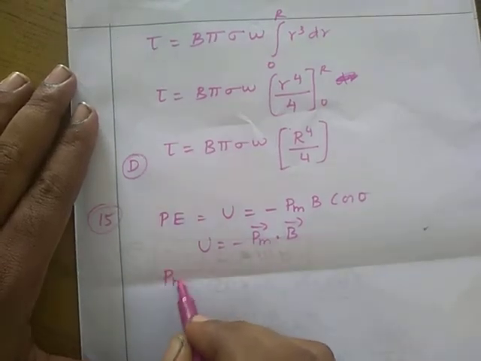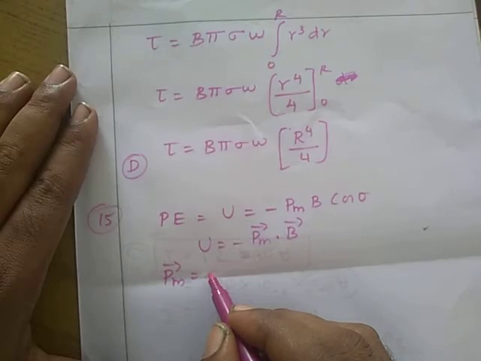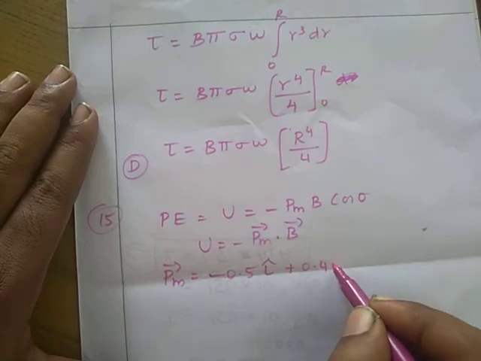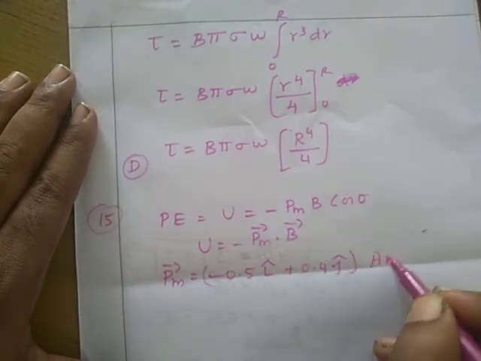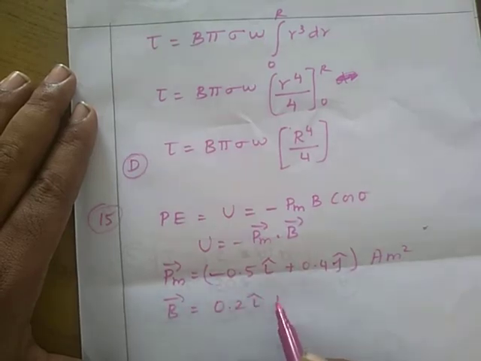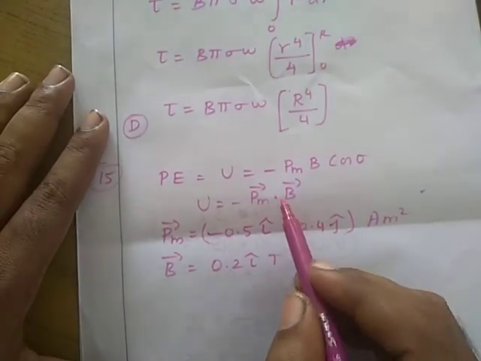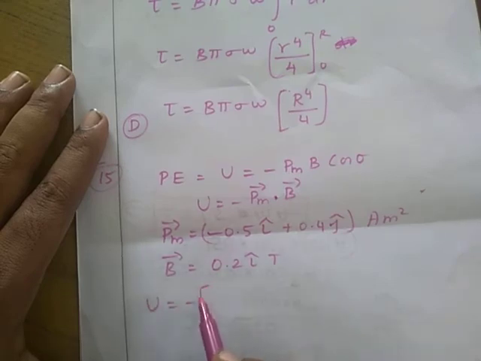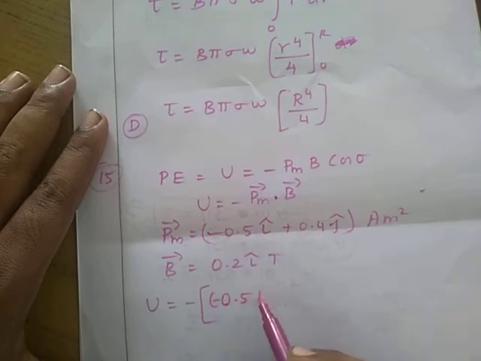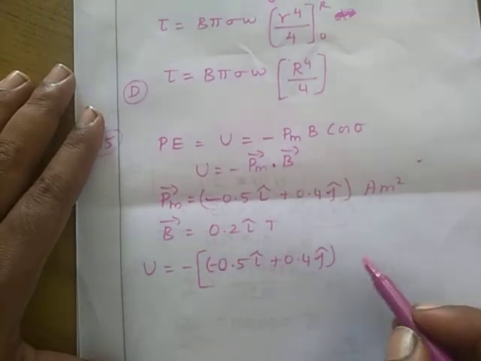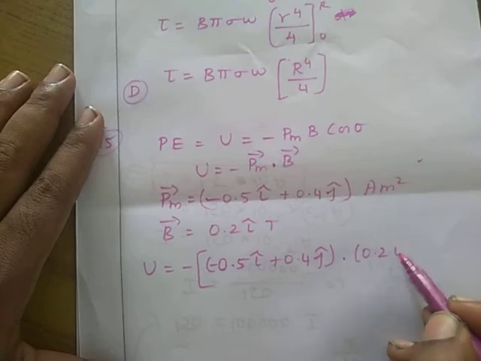We know Pm vector equals minus 0.5 I cap plus 0.4 J cap ampere meter square. Then magnetic field B vector equals 0.2 I cap Tesla. It is a dot product, so substitute in this expression. Then U equals minus of minus 0.5 I cap plus 0.4 J cap, dotted with the magnetic field 0.2 I cap.